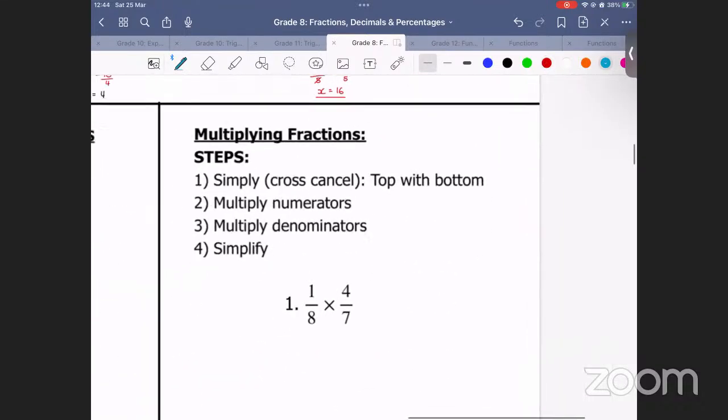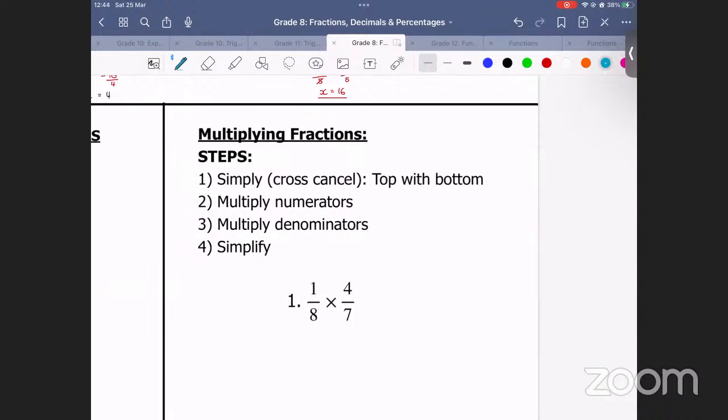Adding and subtracting. Let's talk about multiplying fractions. So multiplying fractions, the steps are to simply cross cancel top with bottom, multiply numerators, multiply denominators, simplify. Okay.